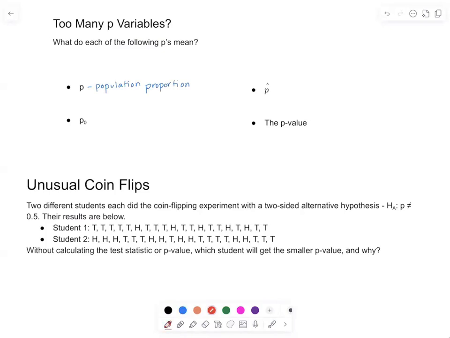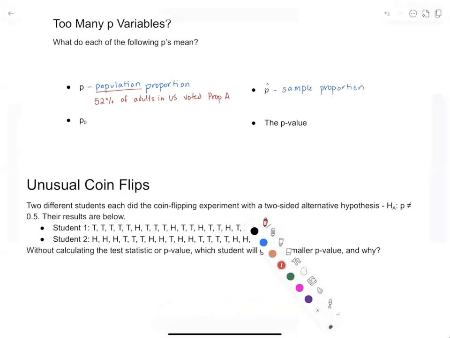Maybe it's something like I know that 52% of adults in the US voted for Prop A. Okay, so I'm saying something about the entire population. Now that's different from p hat. P hat is the sample proportion.